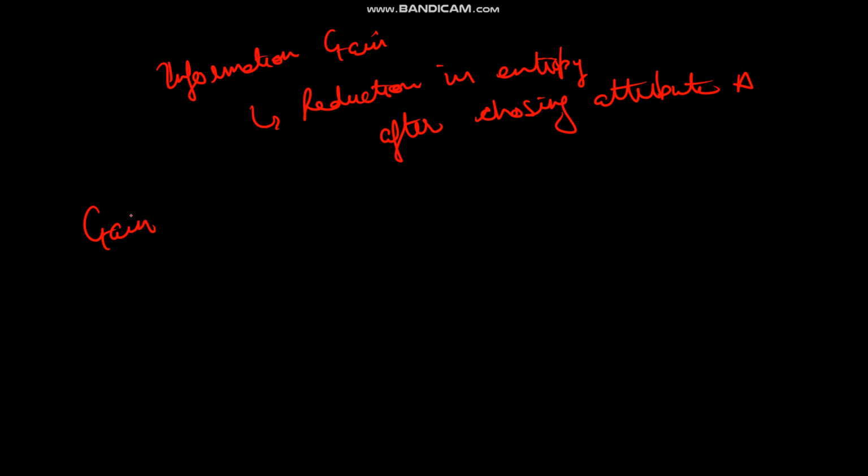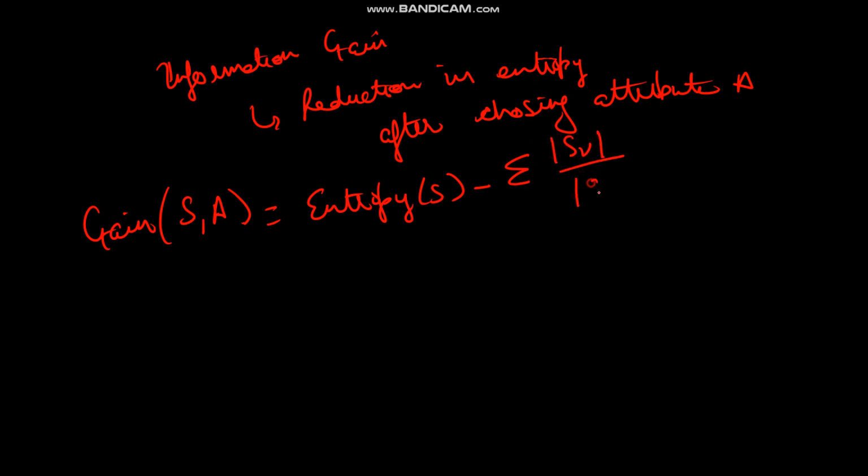So we write the formula for gain of S and A, where A may be any attribute, as equal to entropy of S, which we have discussed how to calculate, minus the summation of the size of S sub v divided by the size of S, into entropy of S sub v, where the values v belong to all the values of A.